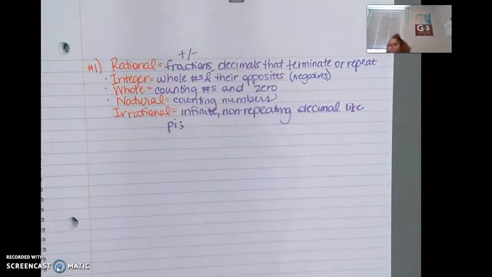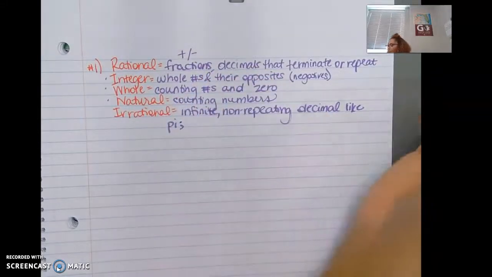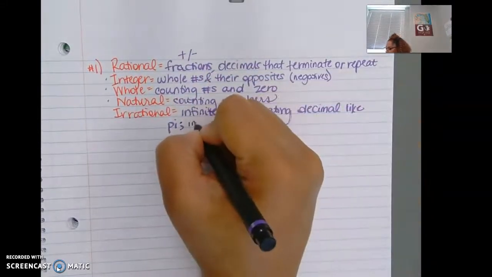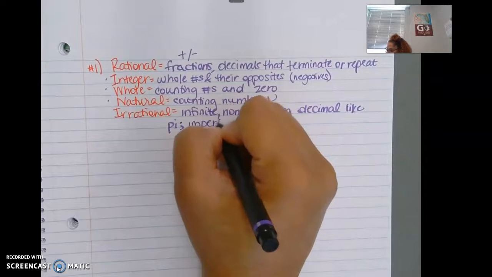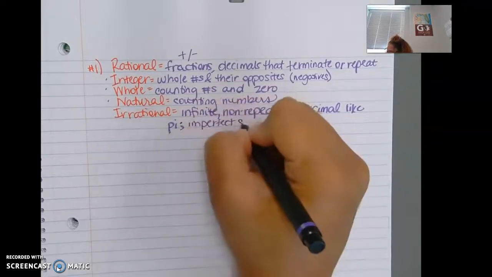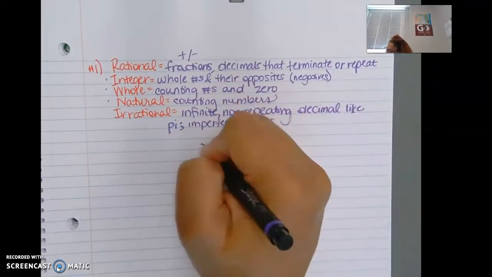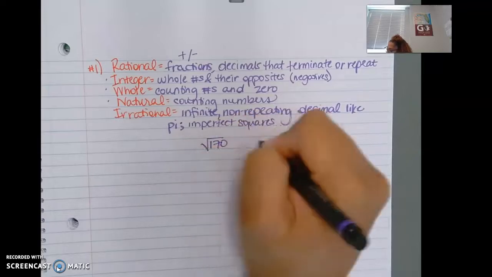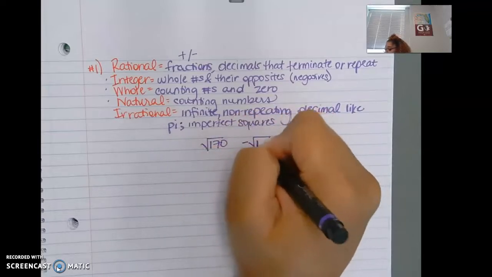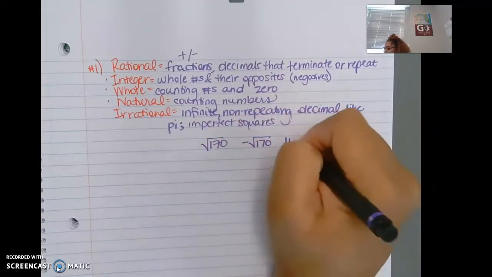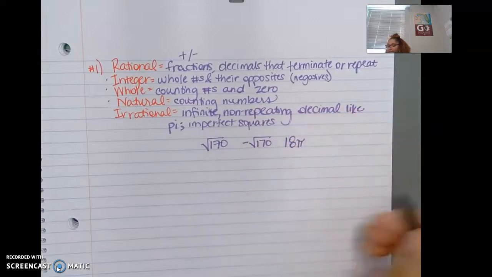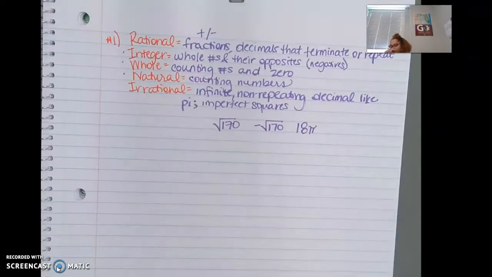Also, who else? Good, the imperfect squares. That would be an example. So like the square root of 170 or the negative square root of 170, 18 pi. Okay, those are all irrational numbers.